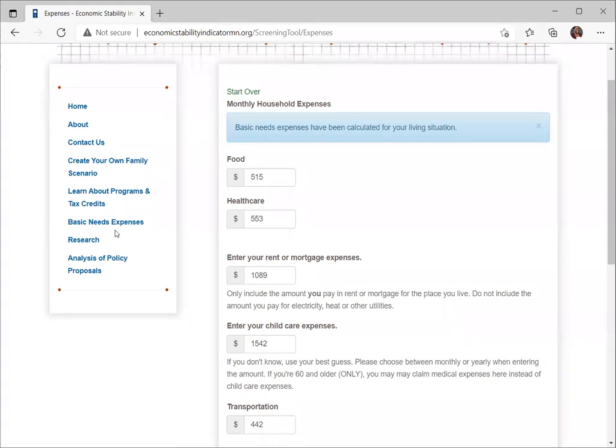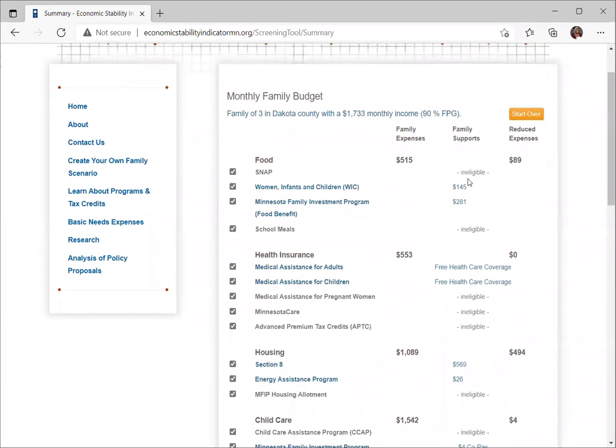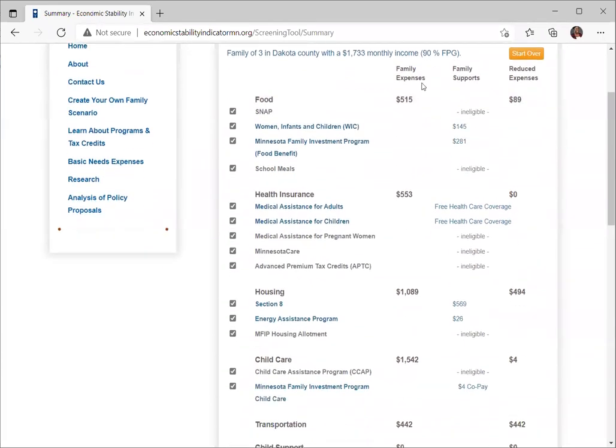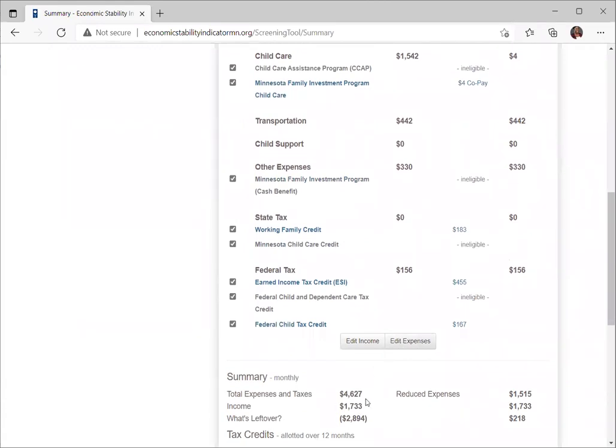We'll have more information there for you. So let's go back to our family. Here is the family's bare bones basic needs budget. So we go down here, we see the total of that amount is about $4,600 a month.